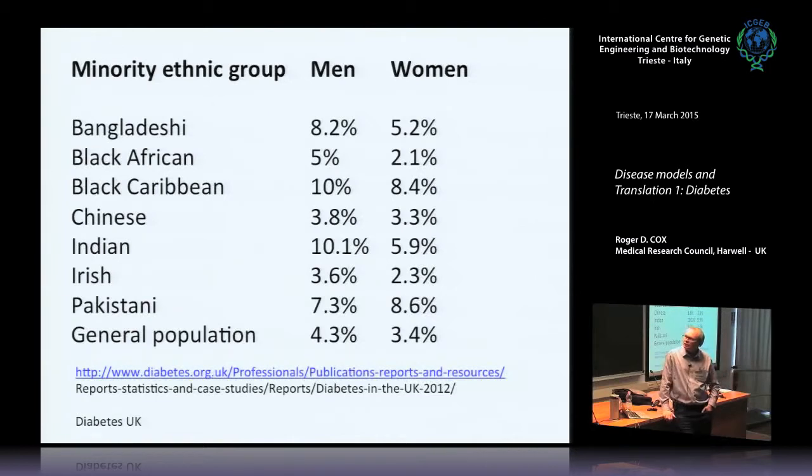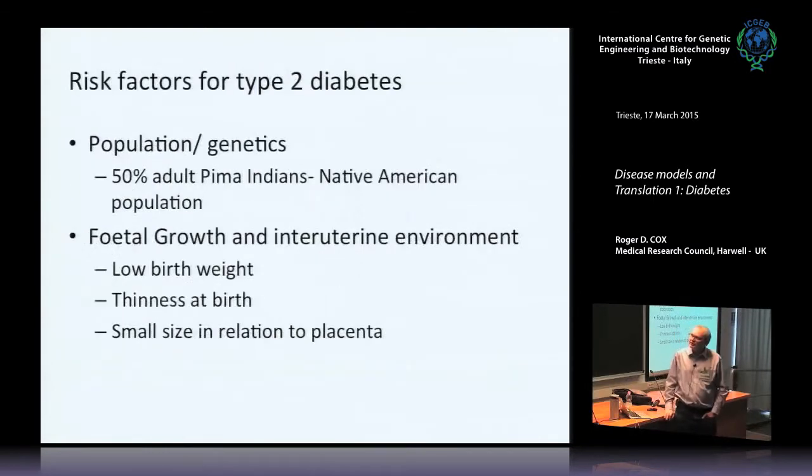The population that you're from is also a risk factor, so diabetes risk varies with different ethnic groups. People of an Indian background have a higher risk than, for example, people from China. So this points towards genetics being a risk factor, varying risk in different populations.